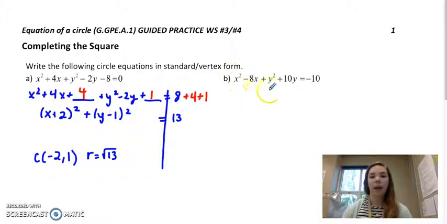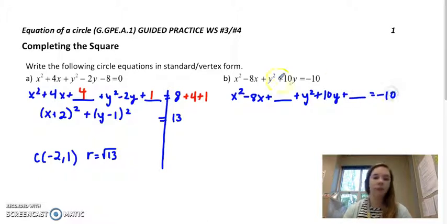Okay? For this one, I'd have x squared minus 8x, and I'm going to leave a spot, y squared plus 10y, and leave a spot, equals negative 10. So here, half of negative 8 squared is going to be 16. Half of 10 squared is going to be 25.